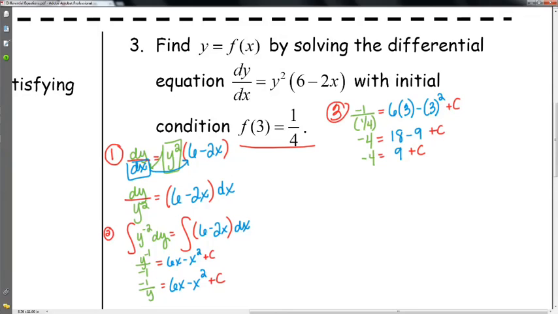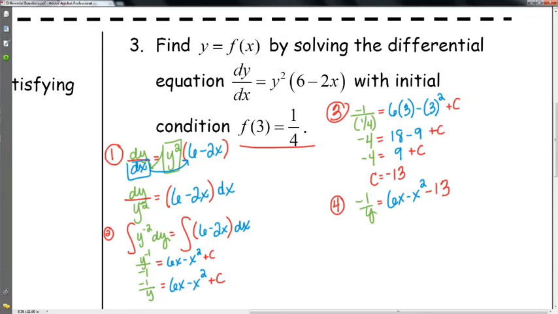So that means c has to be negative 13. So now let's go ahead and plug that in. So we have negative 1 over y is equal to 6x minus x squared minus 13.